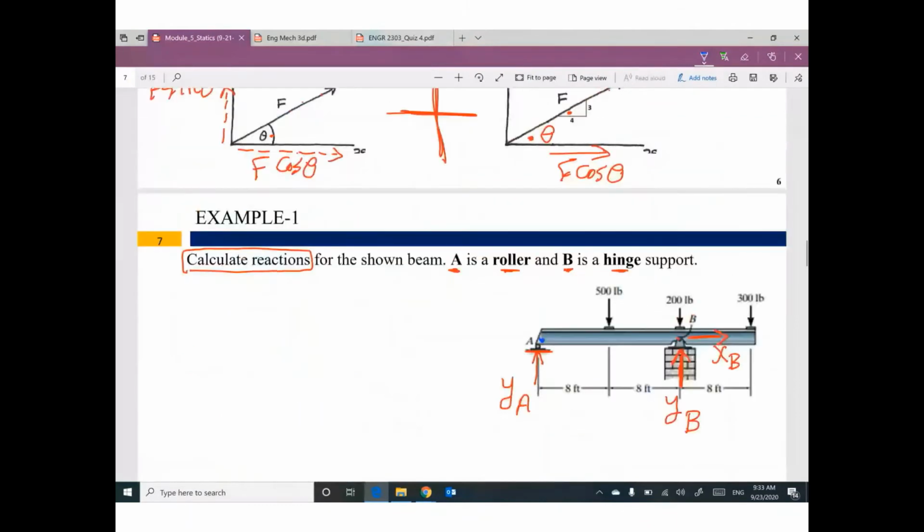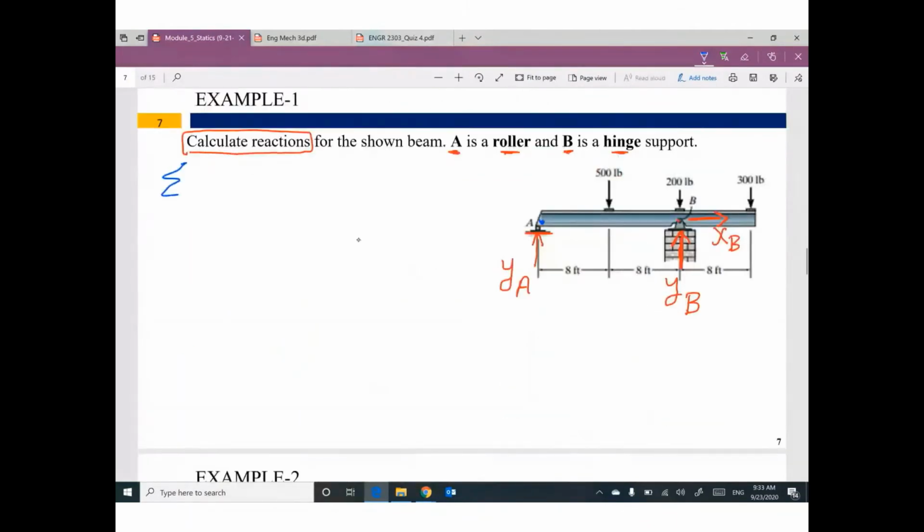Summation of all horizontal forces, summation of all x forces equals 0. Please tell me what forces in this problem are in the x direction. Don't forget any. Please look at the problem and tell me what the forces in the x direction are.